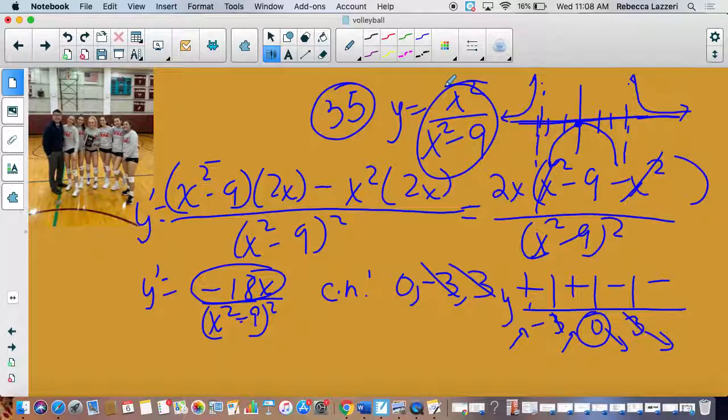I wouldn't say that it increases from -infinity to 0 because it's doing this. So I would say it's increasing from -infinity to -3, open parentheses, and then it's increasing on the interval from -3 to 0, parentheses. Did y'all see what I mean? Okay. So we're done with that.